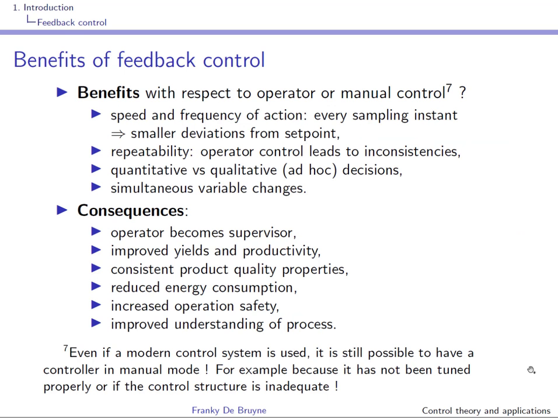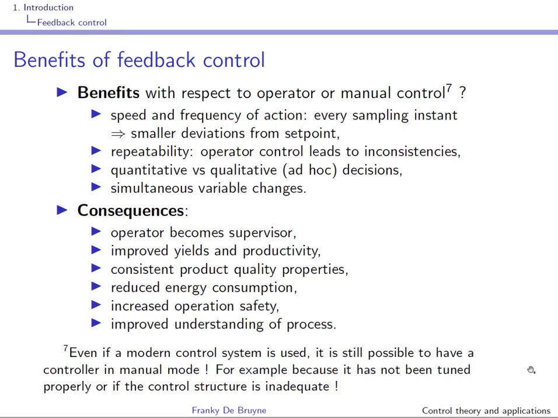There are of course a number of benefits when you compare process control in automatic mode to manual control. The speed and frequency of action is better. So at every sampling instant you have a new MV that is computed. So the variations in MV will be smaller and also the deviations from set point will be smaller.